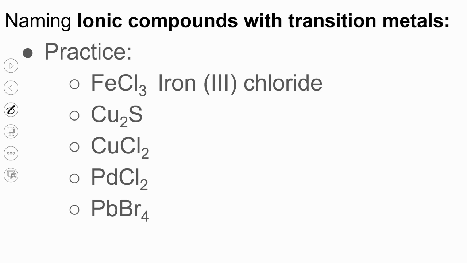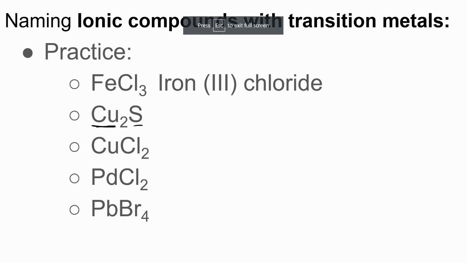Okay, let's go through some of these. Which one do you want to go over? The second one? Okay, so we need to figure out the charge. Can copper have more than one charge? Yes. What about sulfur?